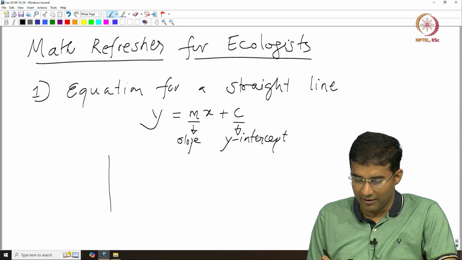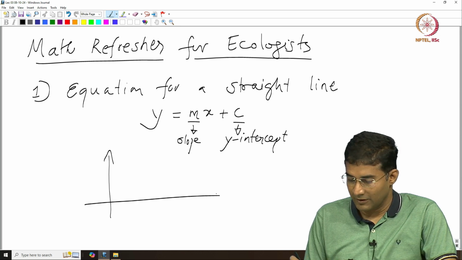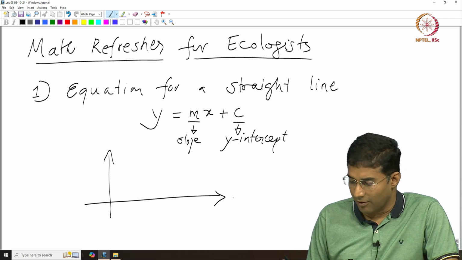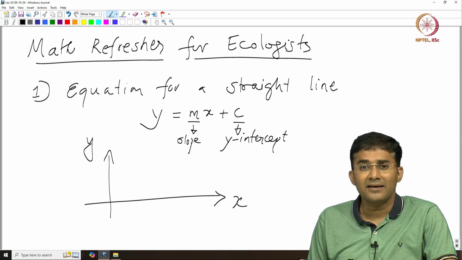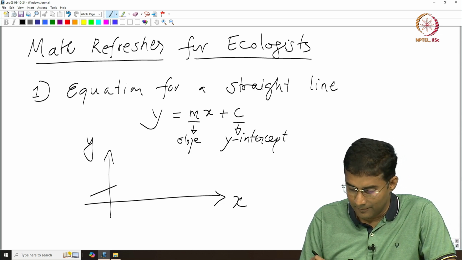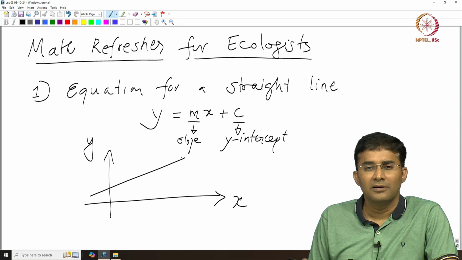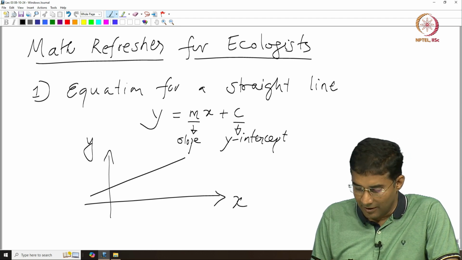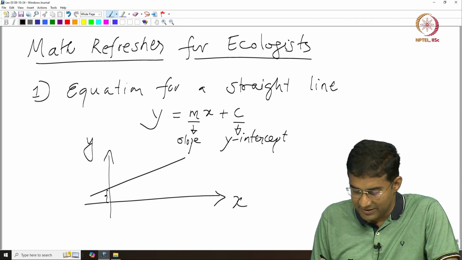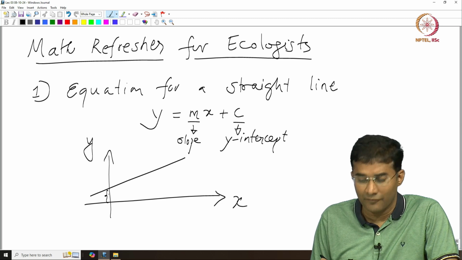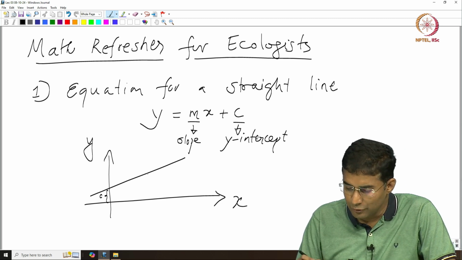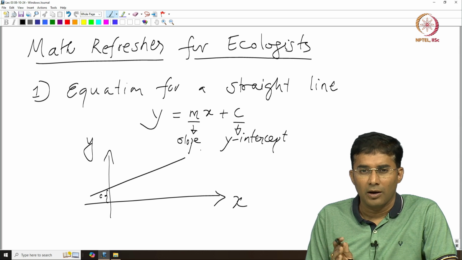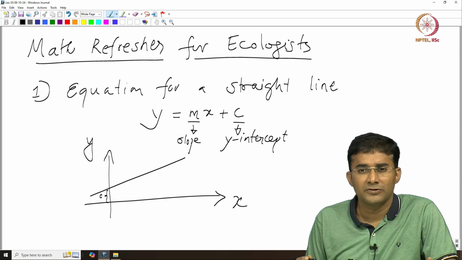and when you draw a graph, okay, we draw x and y, mark the x and y axis, and then this is a sample straight line where this distance from the origin along the y axis is basically the y intercept, and how slant this is, is basically a measure of the slope.